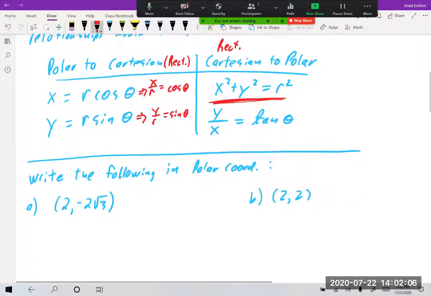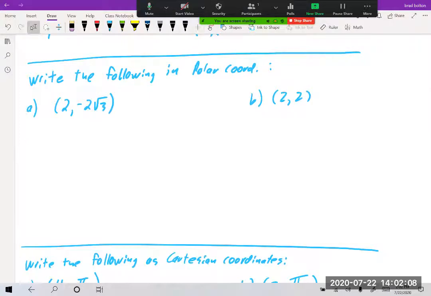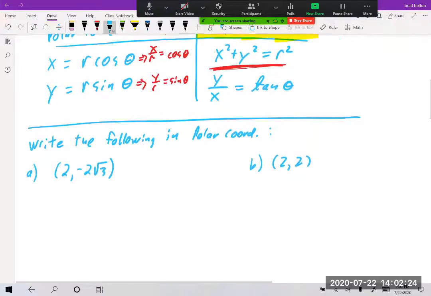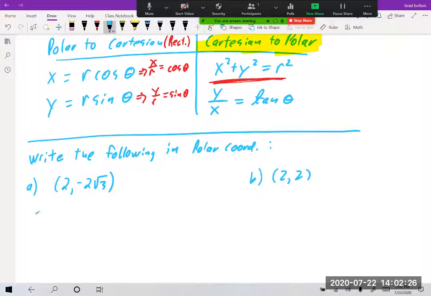So I'm going to come down here and say, write the following in polar coordinates. I'm given rectangular and I want to end up in polar, so I'm going to use this formula right here. I'm going to say x squared, so 2 squared, plus negative 2 square root of 3 squared equals r squared.